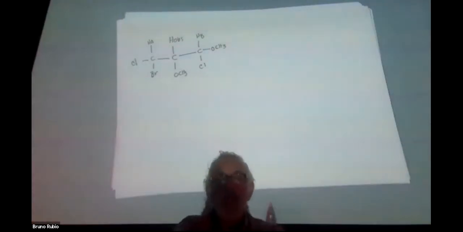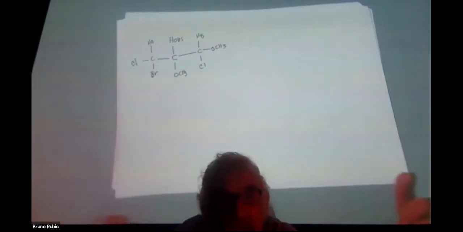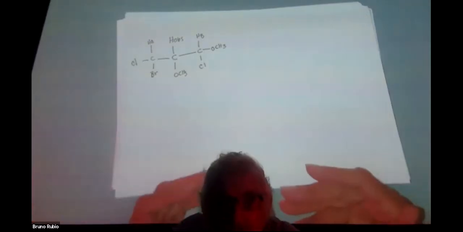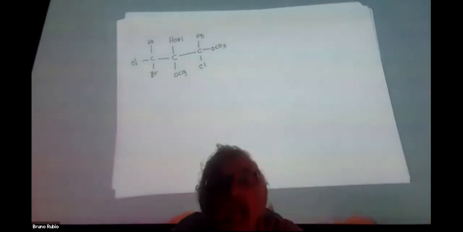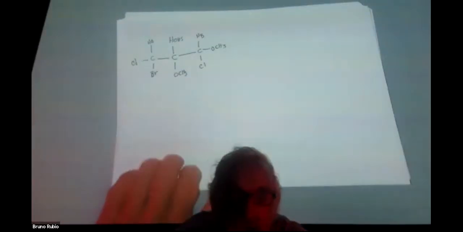But what I'm trying to tell you is that what the doublet of doublets looks like depends on the coupling constants, right? And I have to be told what the coupling constants are, or if I have a very good feeling for NMR, I can make a really good guess of what the coupling constants are.